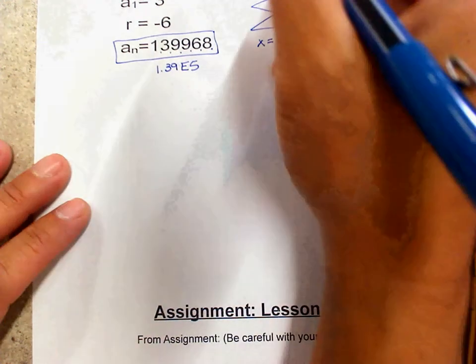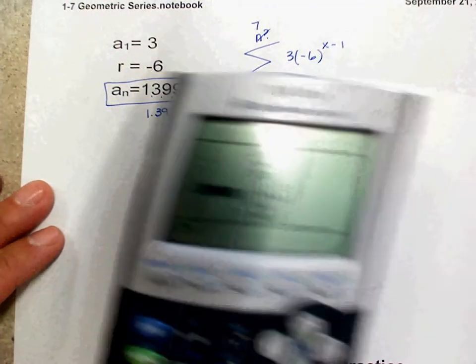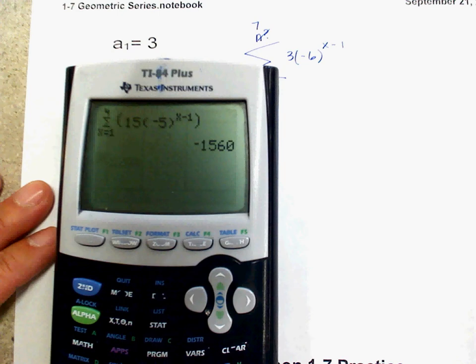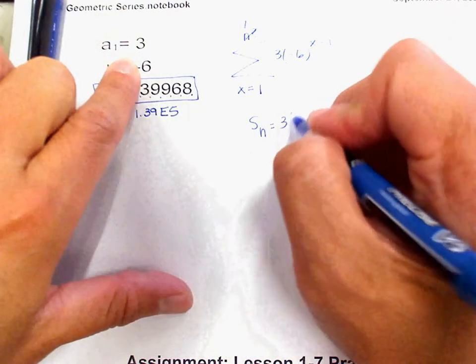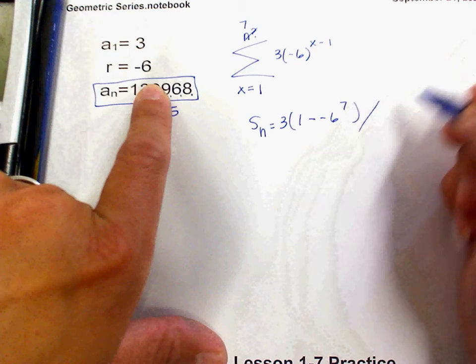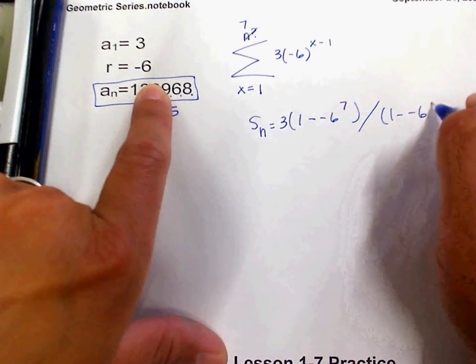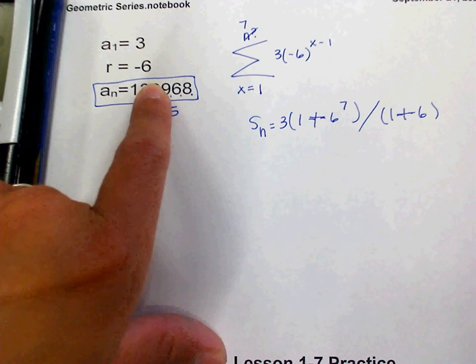Okay? Now, second quit. What if I use this formula? First term is 3. 1 minus negative 6 raised to the 7th divided by 1 minus negative 6. Am I going to get the same answer? Yes. So one of you do this, and the other person do this, and see if we get the same answer.